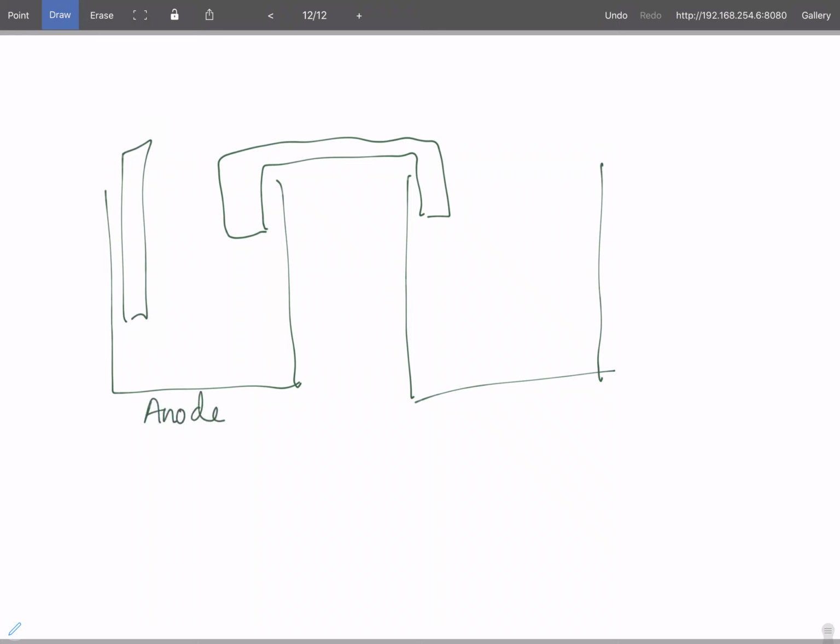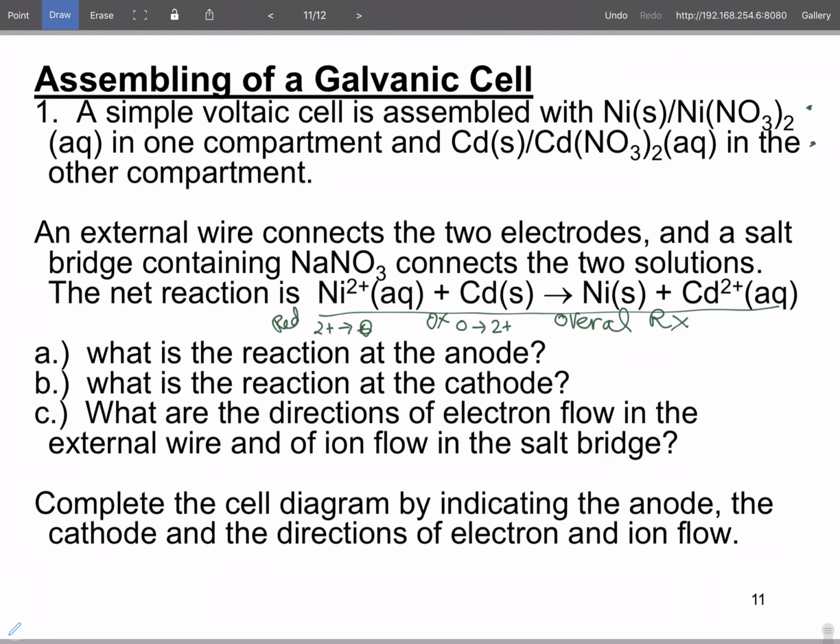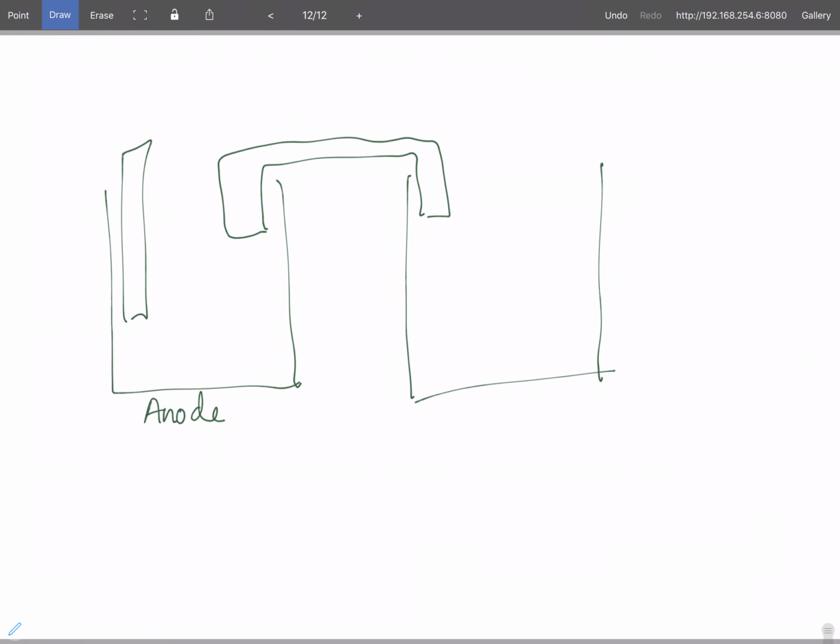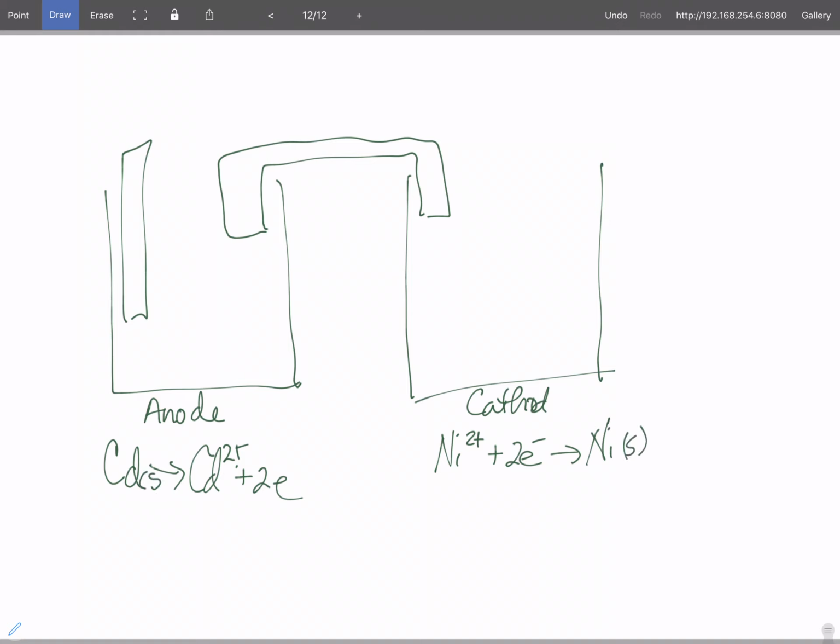And so if I remember right, our anode is oxidation, so that's going to be our cadmium. Cadmium goes to cadmium 2 plus plus 2 electrons. Our cathode will be the nickel, so that's nickel 2 plus plus 2 electrons goes to nickel solid. Now these are both solids, so when we start, this will be cadmium, and we'll do the same thing over here for nickel.